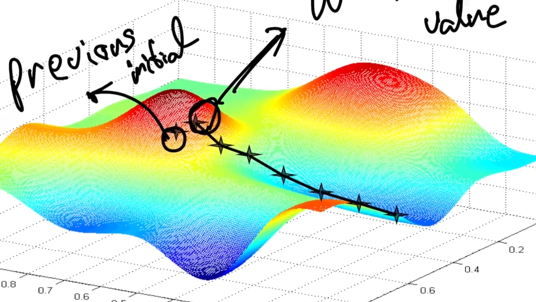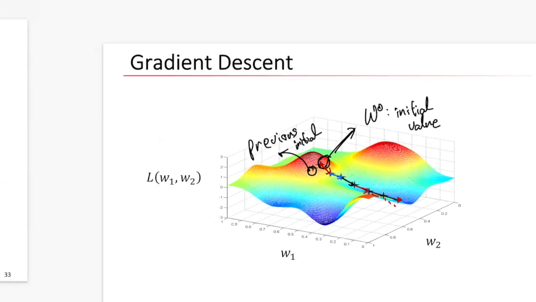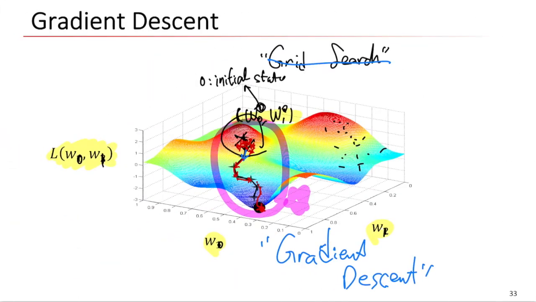In this case, we can follow another procedure. Let's say if we are here, we can find the optimal direction looks like this, and if we are here, we can find the optimal looks like this. Finally, we arrive here, right?